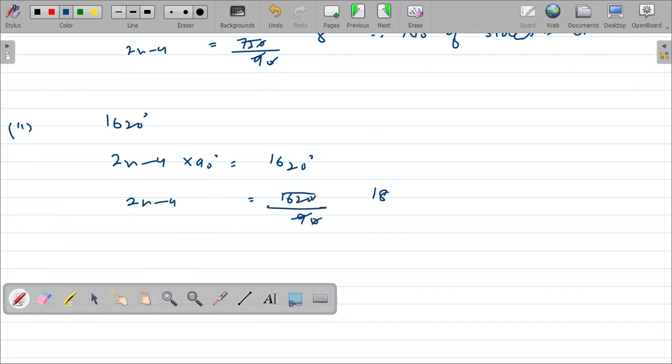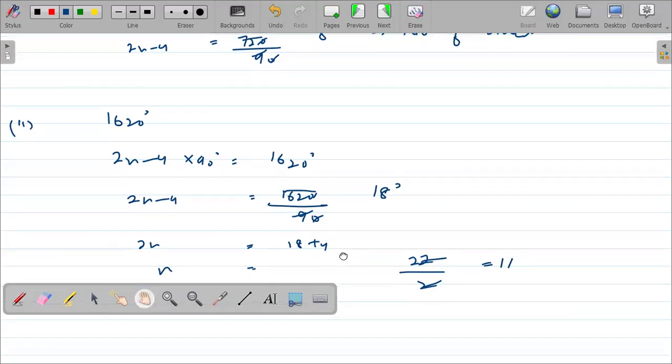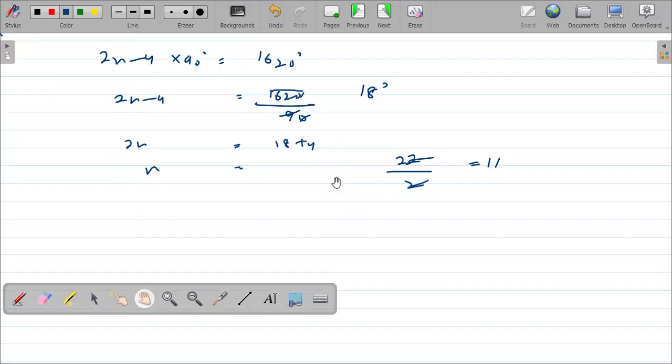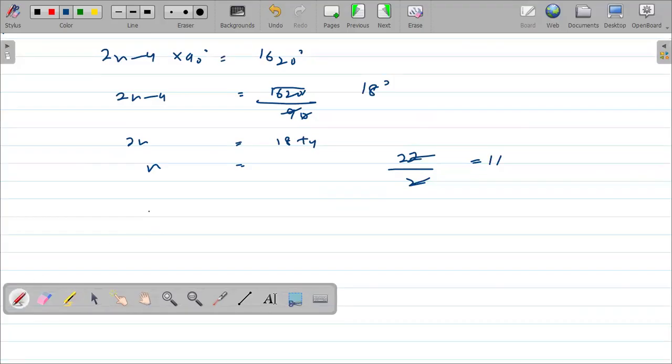Solve it, 18. So 2n equals 18 plus 4, n is equal to 22 by 2, 11. Therefore, the number of sides of a polygon whose sum of angles is 1620 degree is equal to 11. So we will be writing therefore number of sides, what?